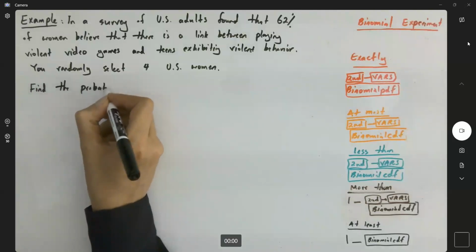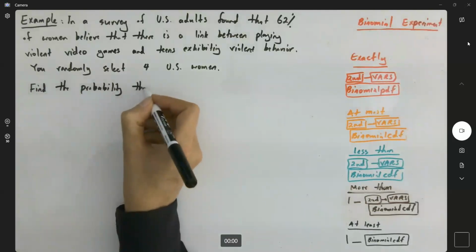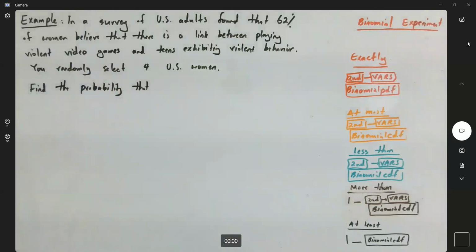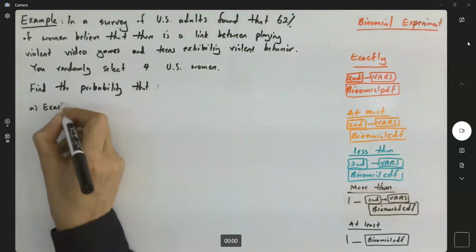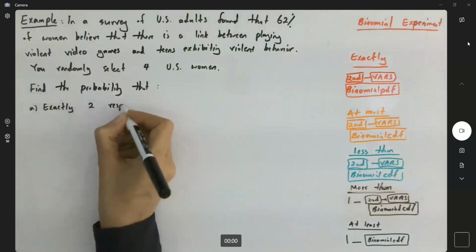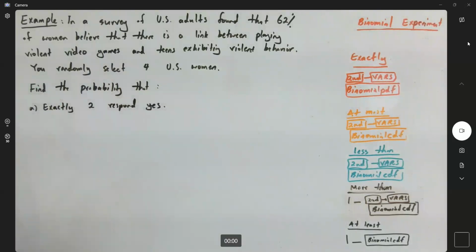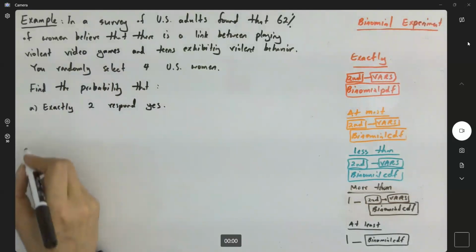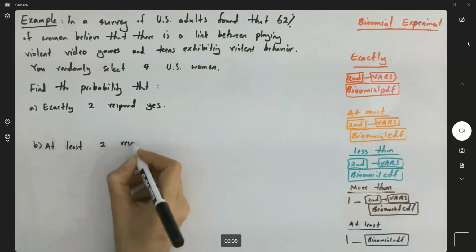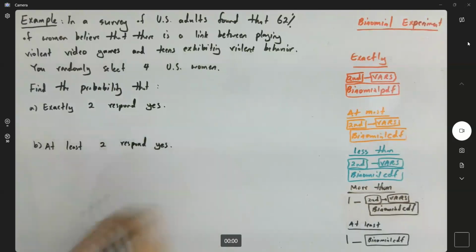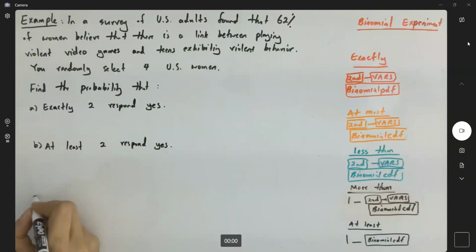Find the probability that exactly 2 respond yes, at least 2 respond yes, and fewer than 2 respond yes. This is the last one.